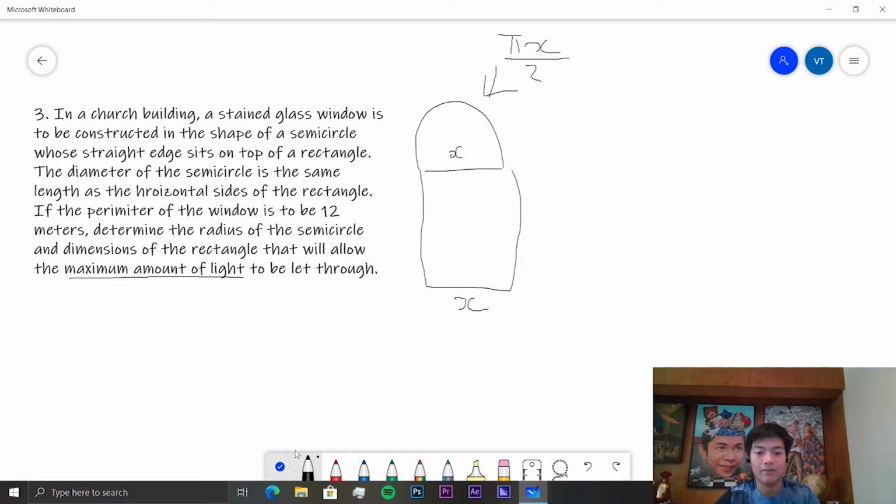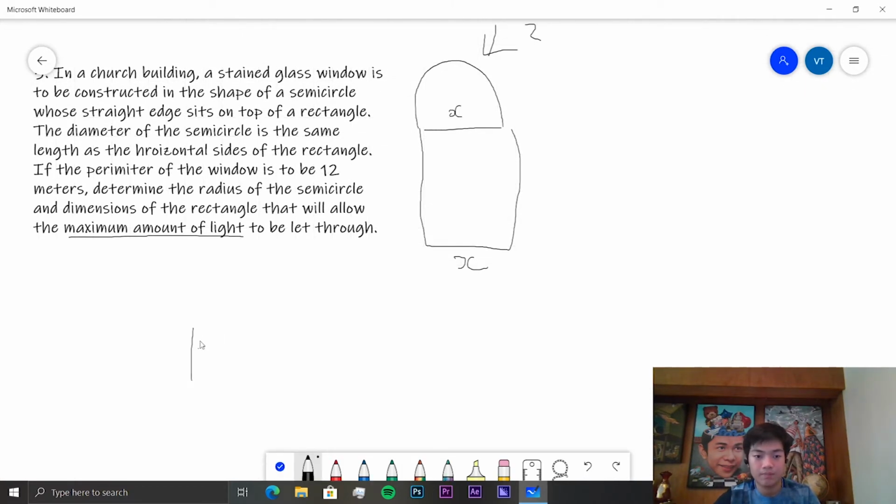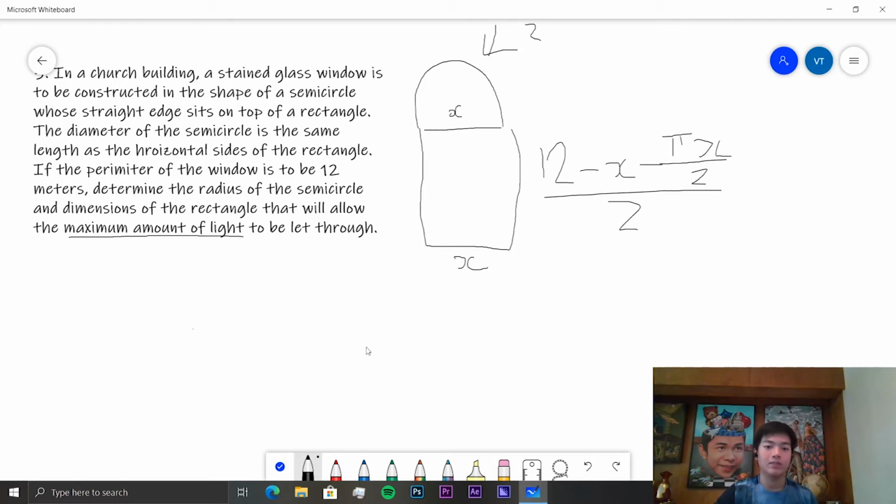So both of these sides are equal to 12 minus x minus pi x over 2, all over 2. This would be the length of these sides of the rectangle.